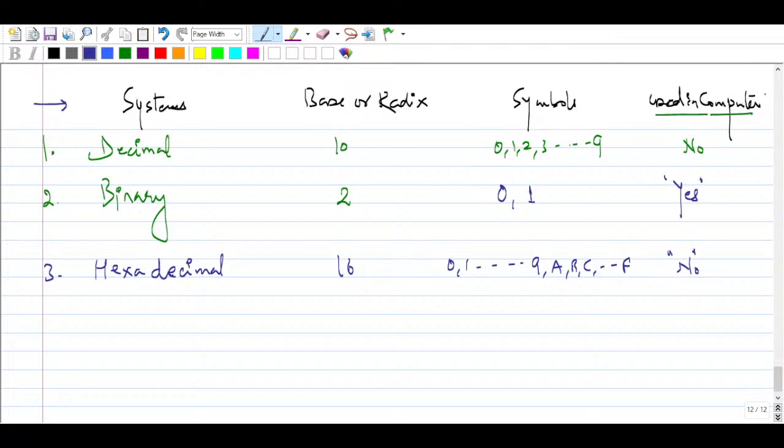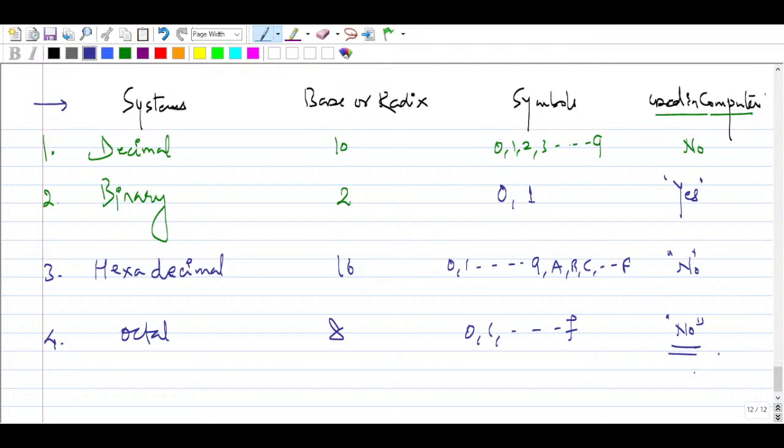No. One of the very important facts you have to understand. The fourth one is octal. Octal means the base is 8, and the symbols allowed are 0, 1 up to 7. The digits allowed should be less than the base. This conclusion you should write in your short notes.